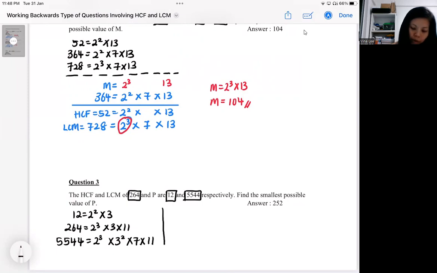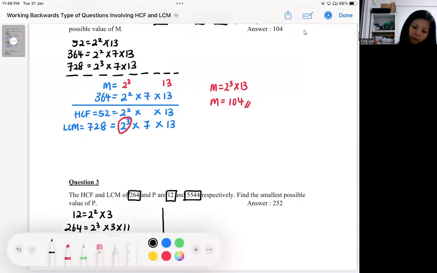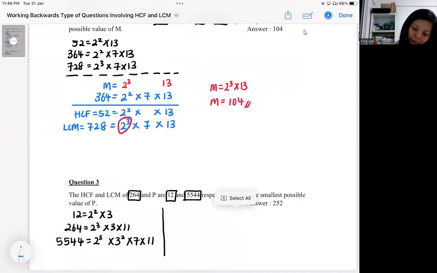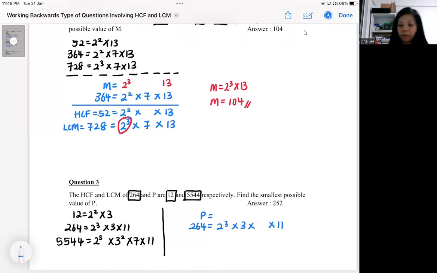Then we will rearrange them. My first number is P. My second number is 264. And there is a factor 7, so I leave a gap for factor 7. Again, I will consider my HCF first.